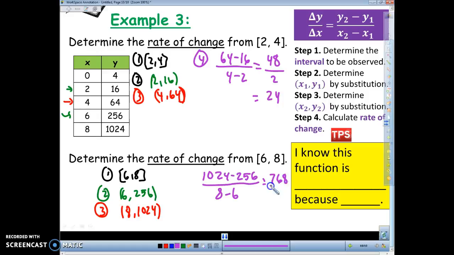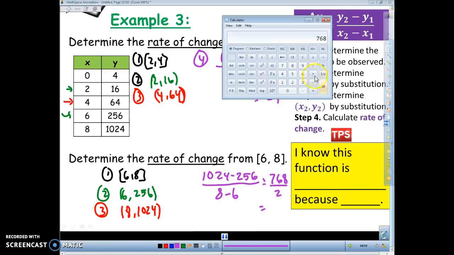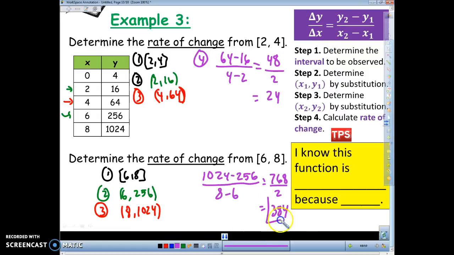So 768 over 2. Now if I take 768 and divide it by 2, you will get 384. That's my rate of change for this interval. Now are these equal? No way. So I know this function is exponential because the rate of change is not equal.